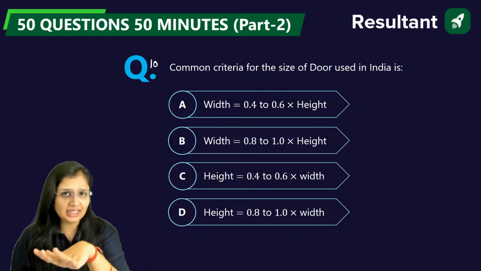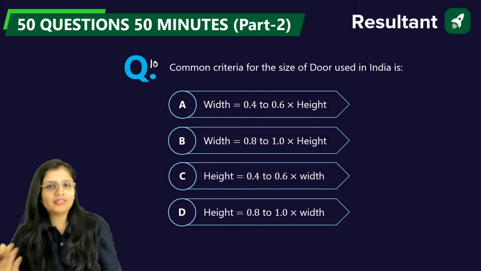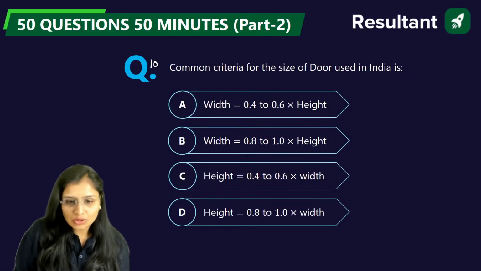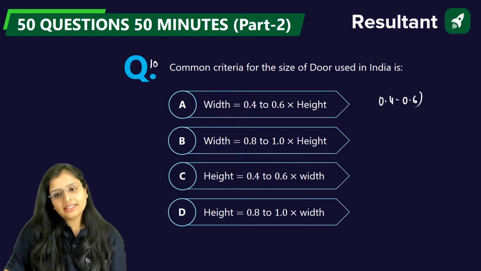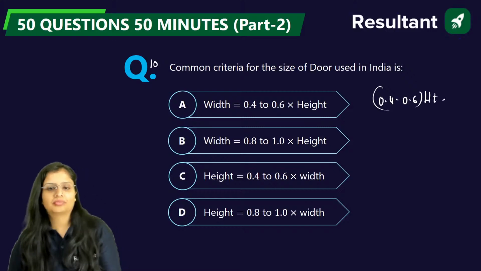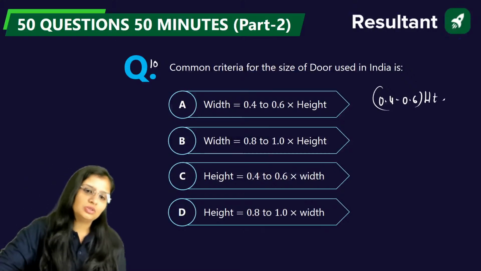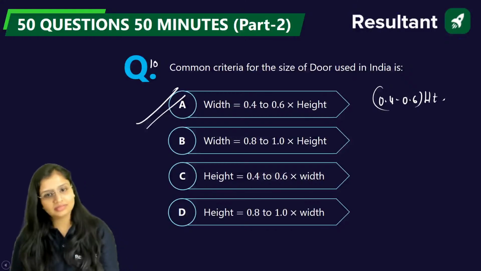General, common it is asking you. Others can be there, but the common one it is asking you. So common criteria is width is equal to 0.4 to 0.6 into height. This is the common criteria. So A is the correct answer.